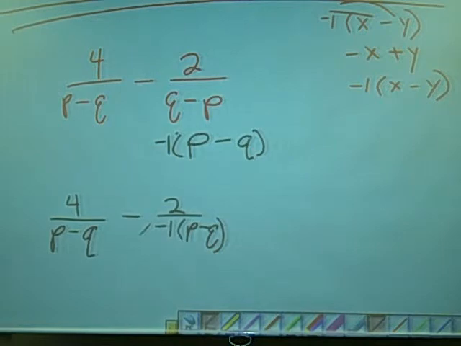Harley? It becomes positive, right. It becomes a positive.